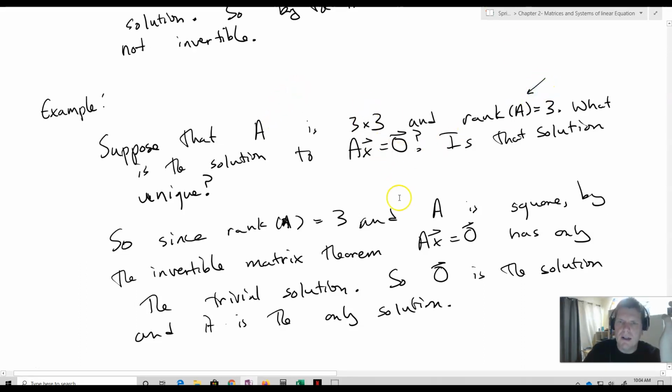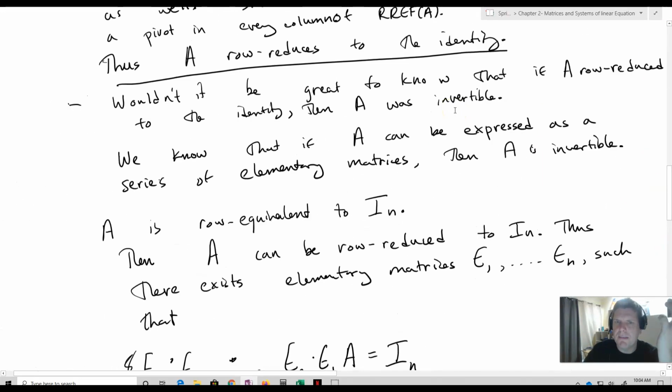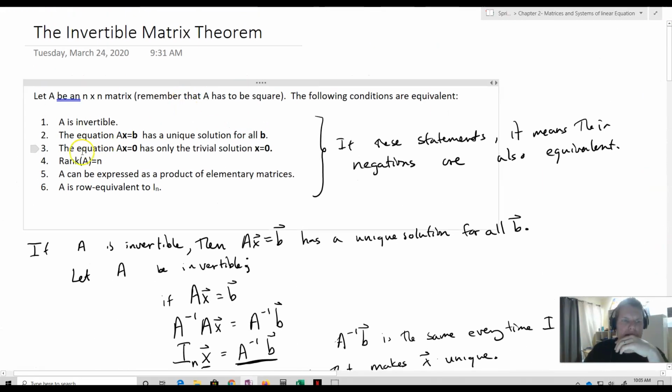The matrix size is 3 by 3, and the rank of A is equal to n, so consequently, I get the third one automatically. That is, the equation Ax equals 0 has only the trivial solution.